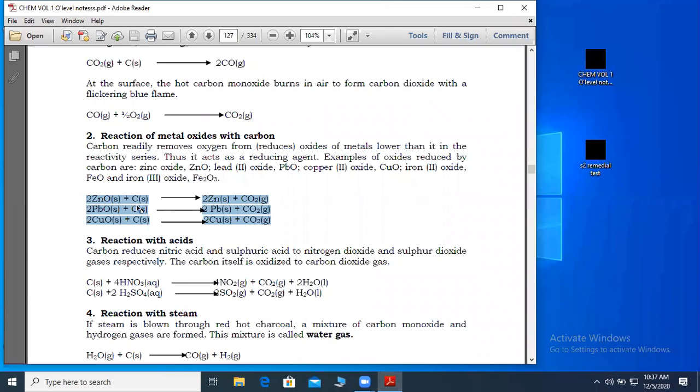So if it was hydrogen, we would form zinc plus water. And now since it is carbon, we shall form lead, metal, and carbon dioxide.